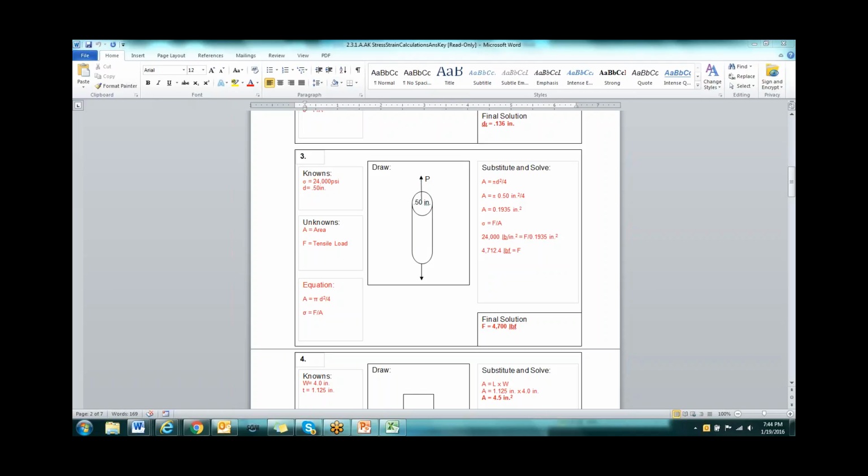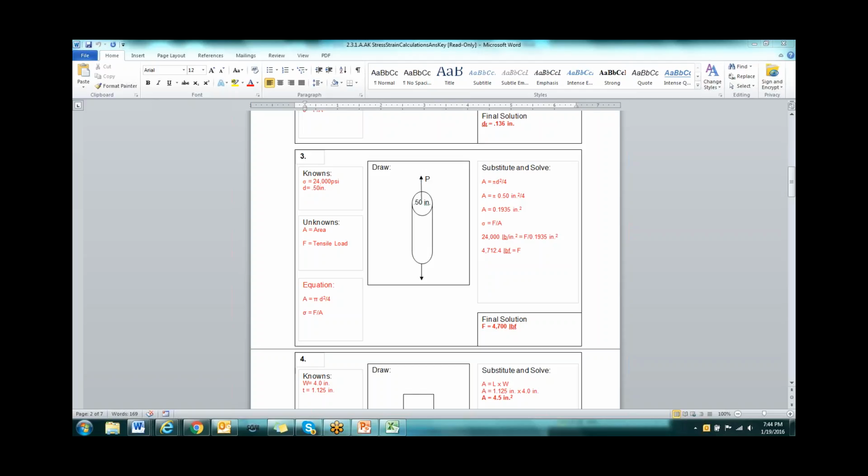They gave us stress. They've talked to us about the diameter of the rod. And so you'll notice over on the right side when they have area, that pi d squared over 4 shows up, which is fine. I let my kids use radius instead if they want, as long as they're going to convert when all is said and done.